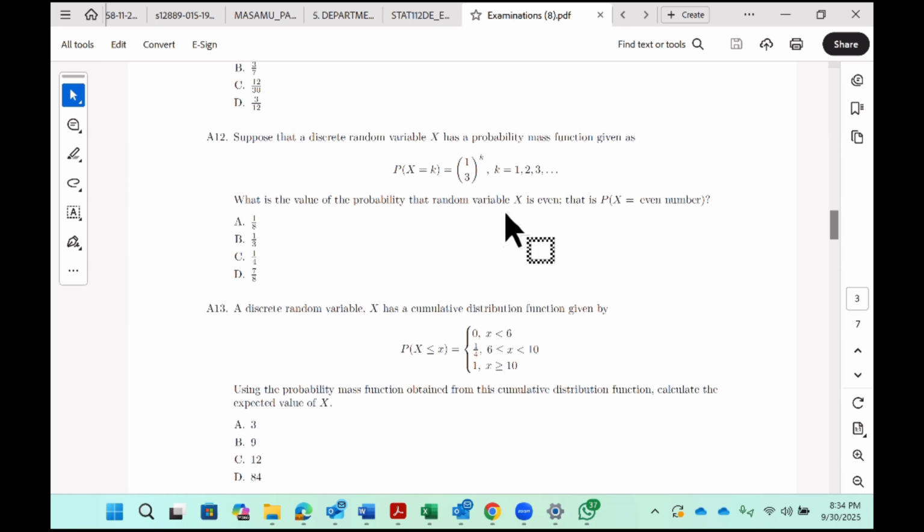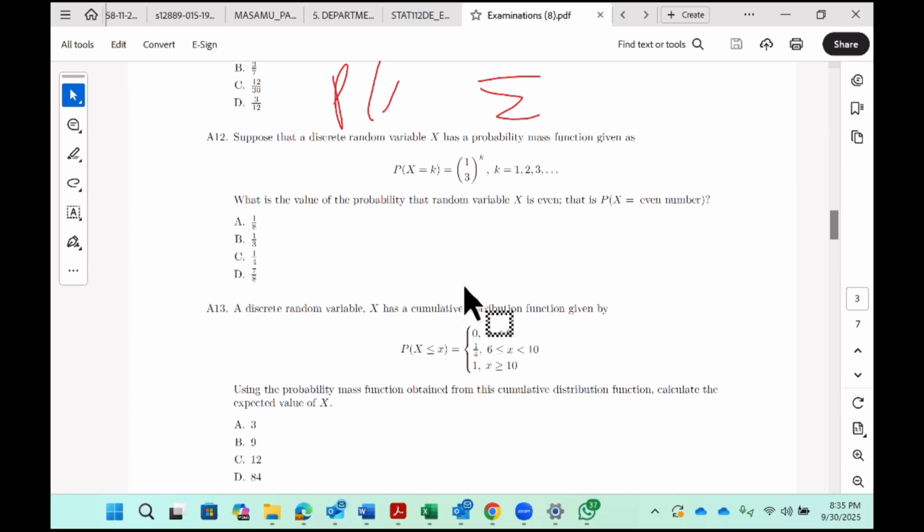So we are only to sum the even terms up to infinity, meaning that we are summing the probability that X is even.